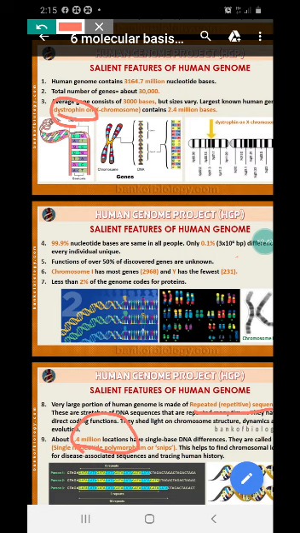Just single base mutation, which is called SNPs, single nucleotide polymorphism. Clear? So the finding of the genome helps us in future to solve many types of chromosomal disorders and things. Clear, children?